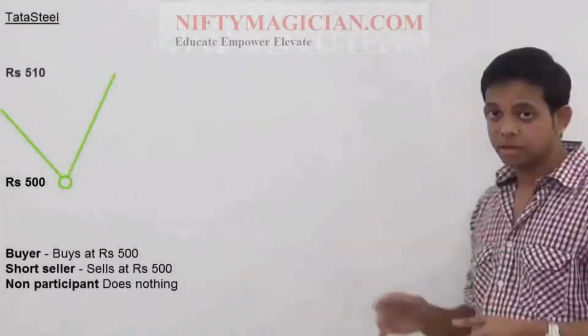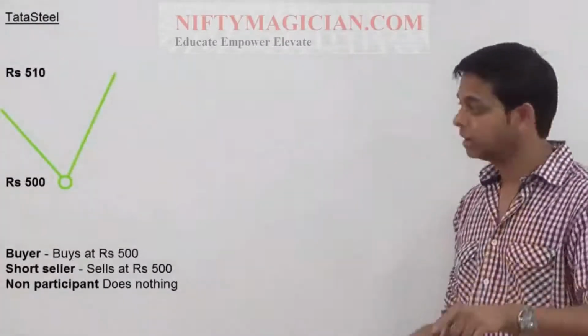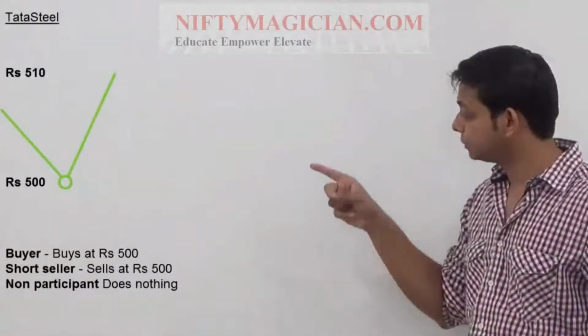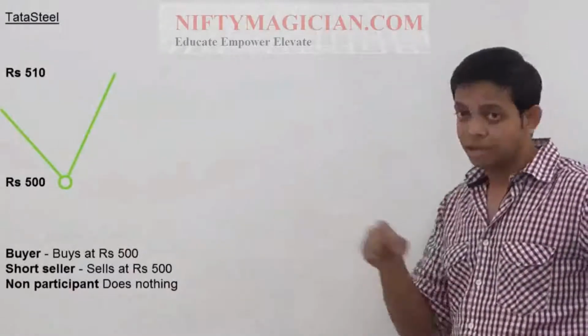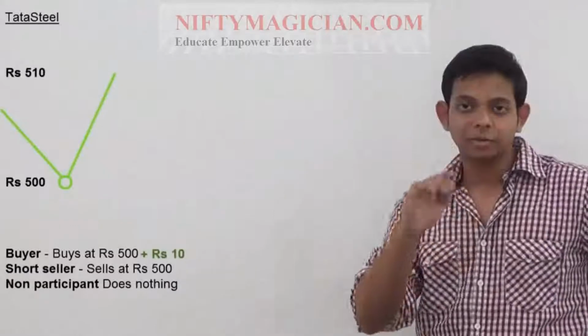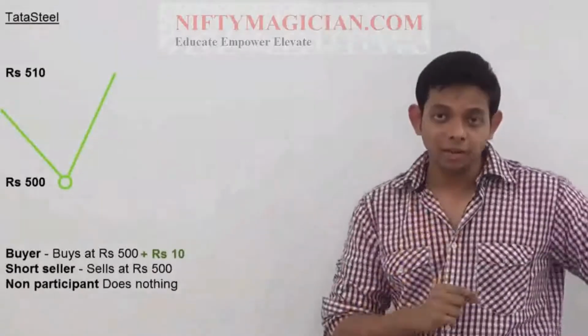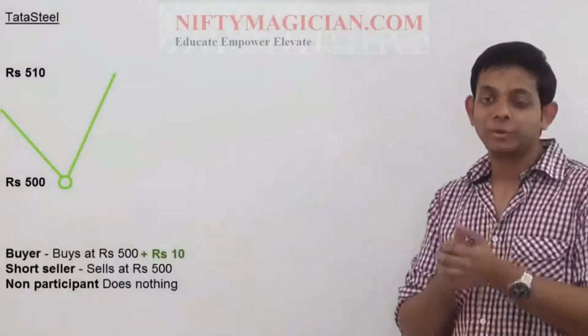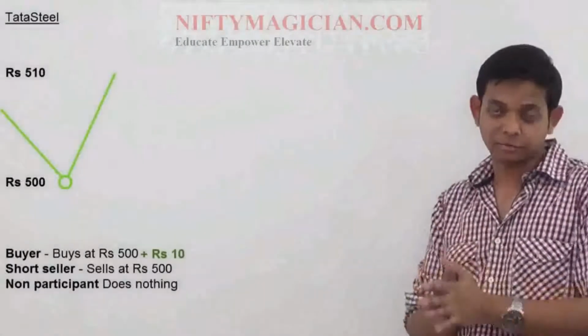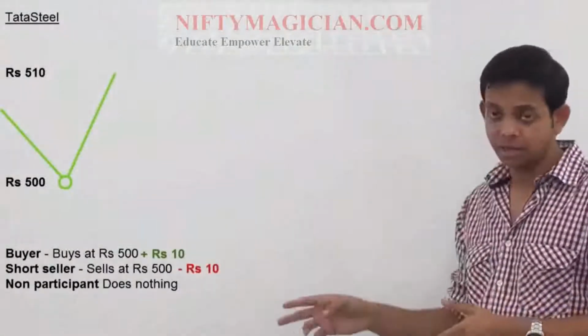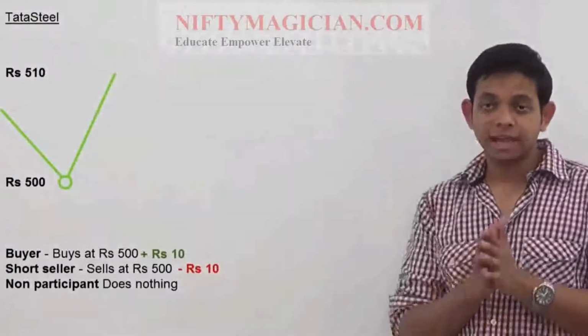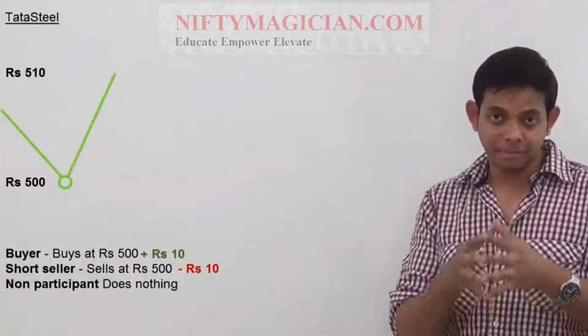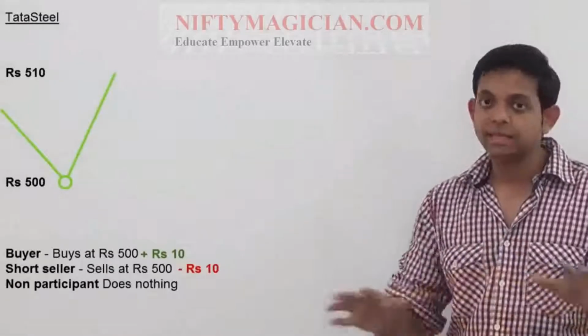Now remember, the buyer is going to be making a profit. Tata Steel has now rallied to 510 rupees, making the buyer a clean 10 rupees profit. He is, however, greedy and thinking he should have bought more shares to have made a better amount of profit. The short seller, who had sold at 500, is now making a loss of rupees 10 per share that he's sold, and he's panicking.